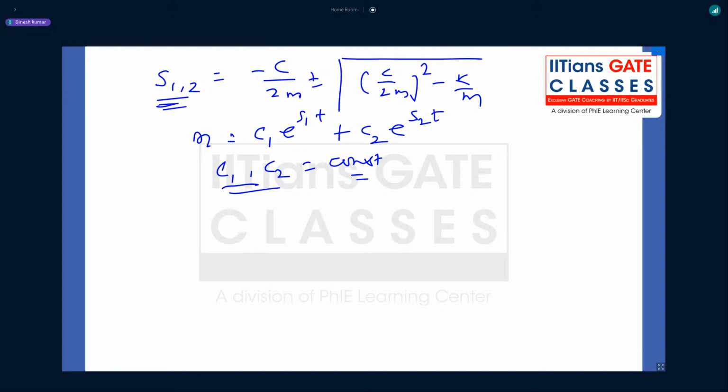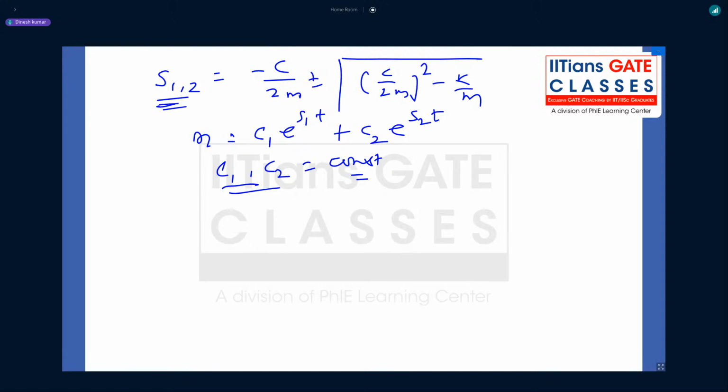How do we find the value of C1 and C2? Can anyone tell? Yes, using not boundary condition, using initial condition, Mr. Ravi.